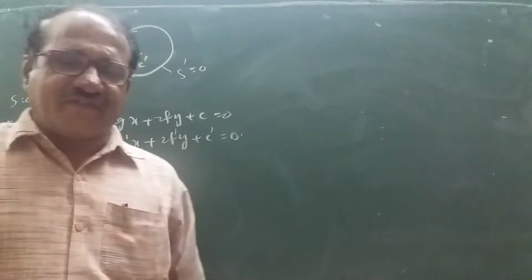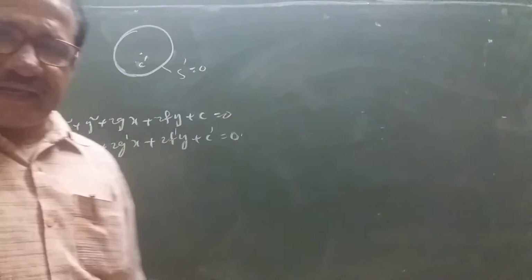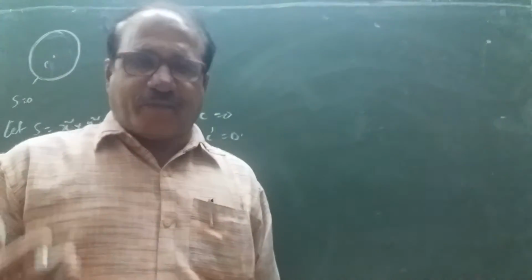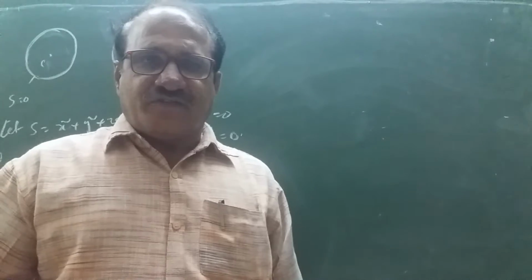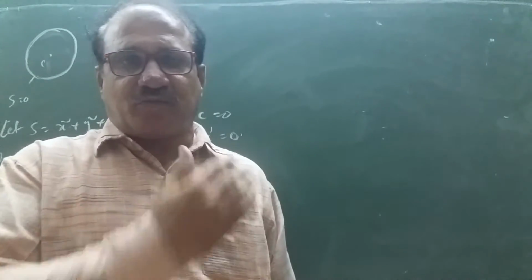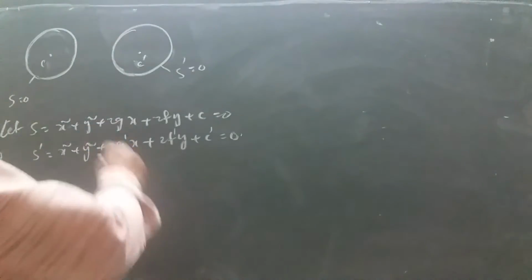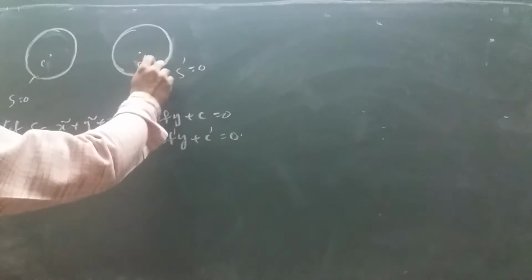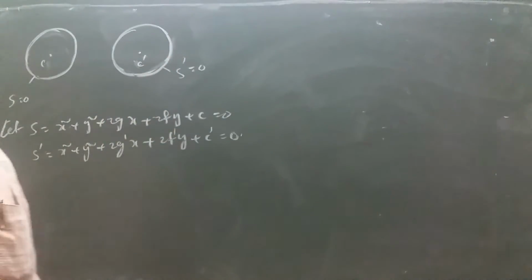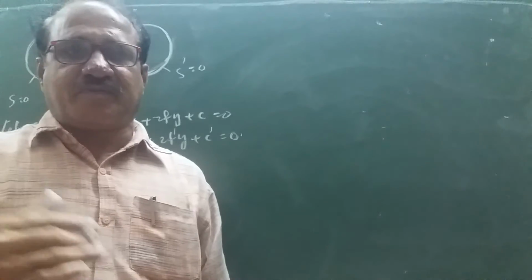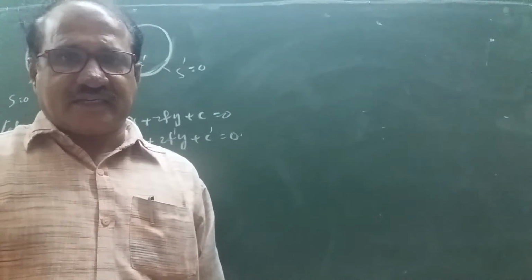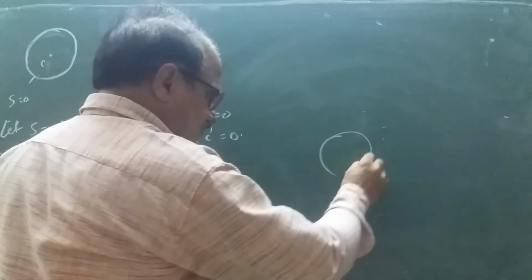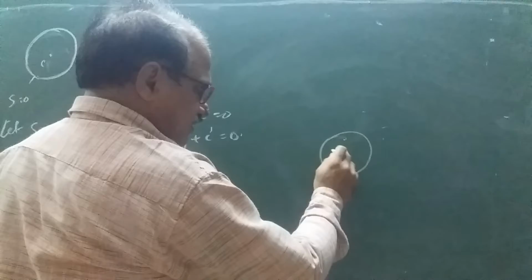Now, by the definition of radical axis, it is the locus of a point with equal powers with respect to both circles. So it may be like this. What is power? Power of a point is nothing but S1, that is the distance of the given point to the center of each circle. I will explain again by using one example.